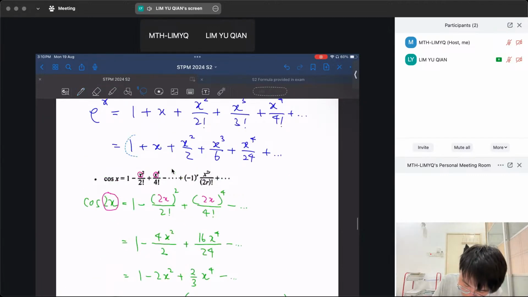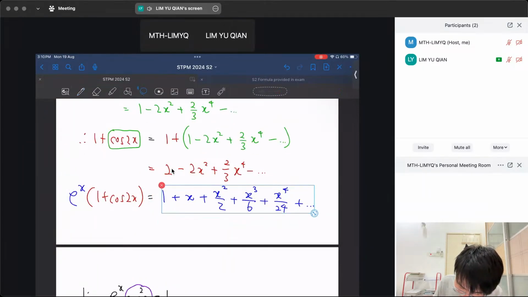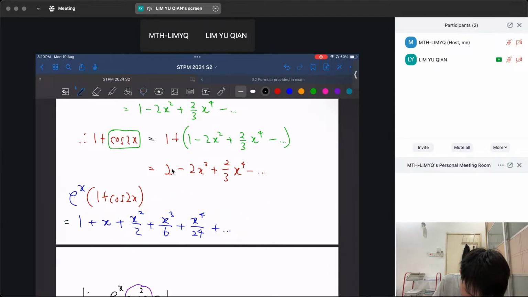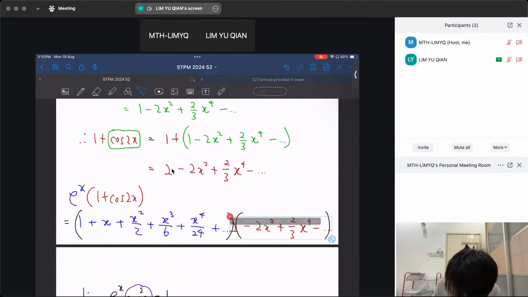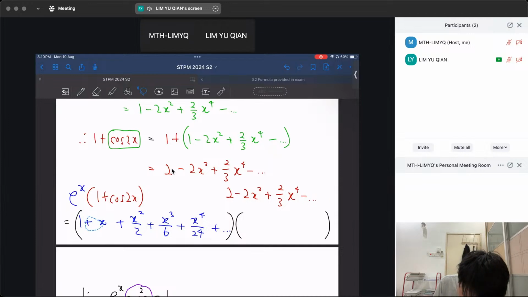series 1 using equation 1. Now, this one might multiply by this one.